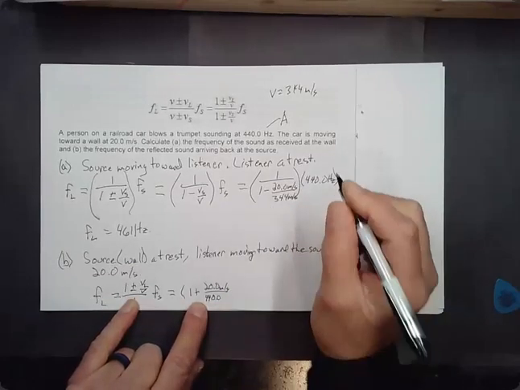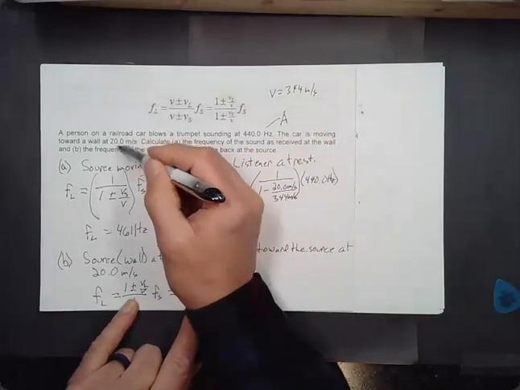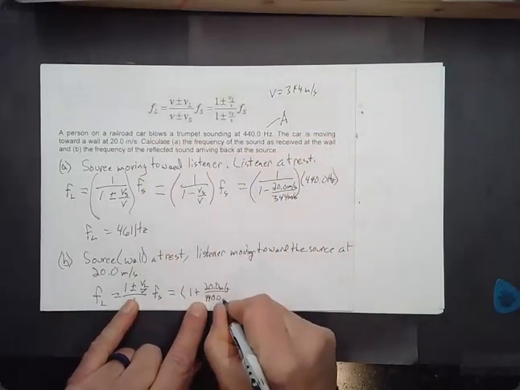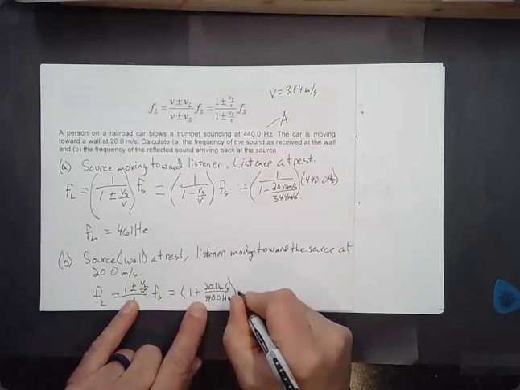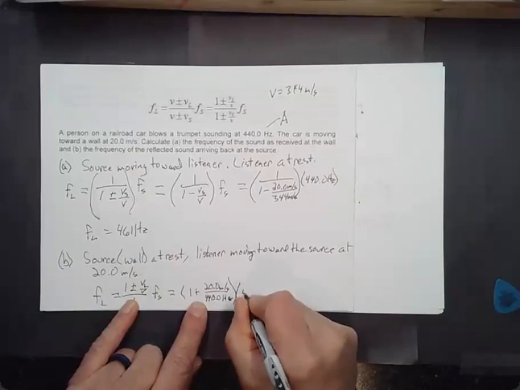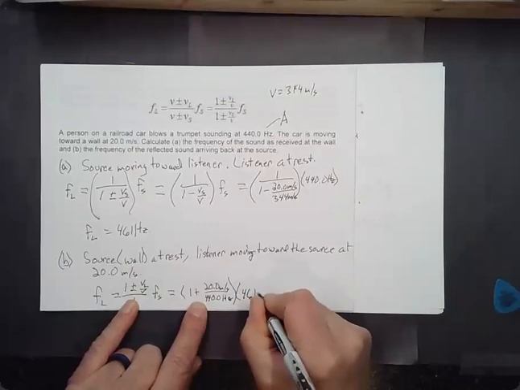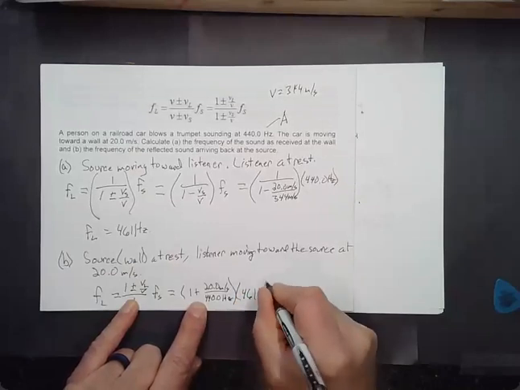Yeah, we have 4 sig figs everywhere except on that one. But a hertz is a per second, and we're multiplying by 461 hertz.